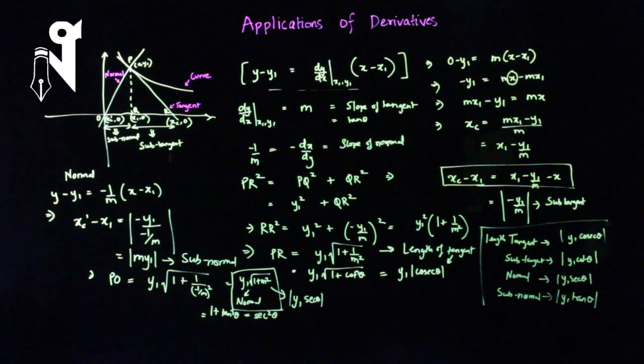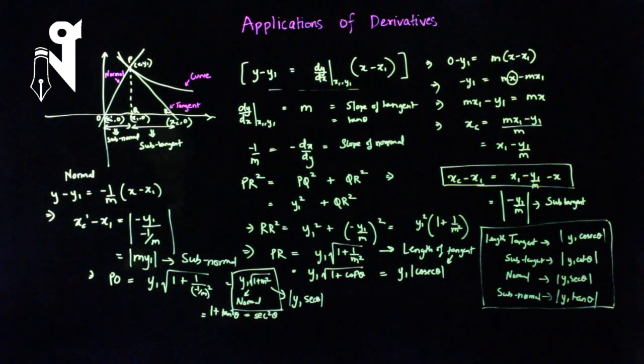I can just write it down in terms of m also. In terms of m, to recap, for length of tangent I get y1 under root 1 plus 1 by m square. For subtangent you just get y1 by m. For normal you get y1 root 1 plus m square, just a reciprocal if you compare it with the length of tangent, in terms of the slope, that's all.